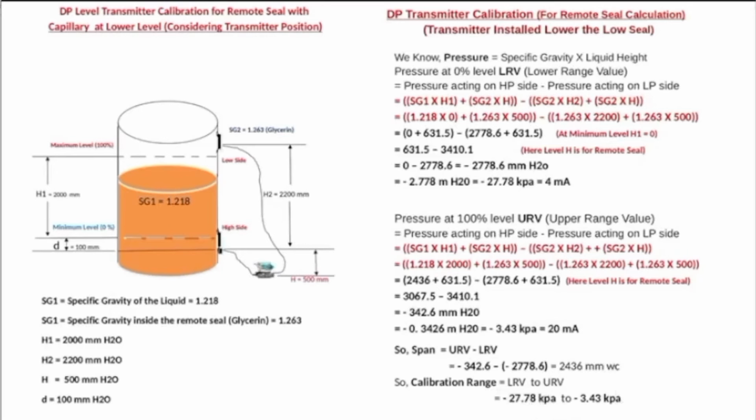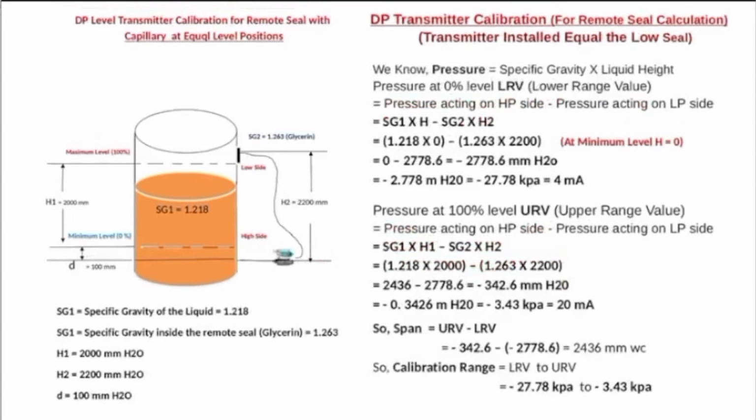Again we can see when the transmitter is at equal level position, and here is the calculation for equal position. The level is the same, and you can see here is LRV, that means this level from minimum to maximum, same height, only the transmitter is at equal position.